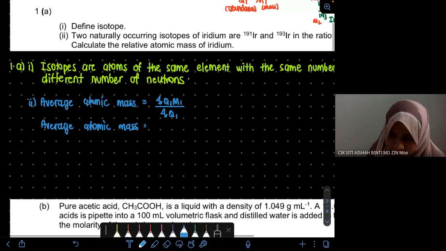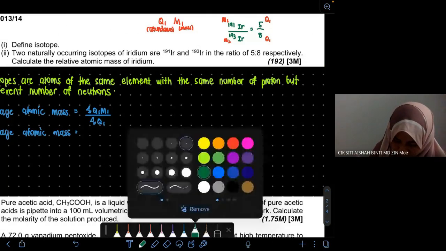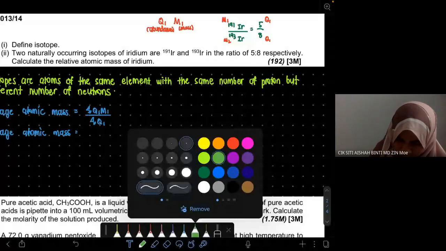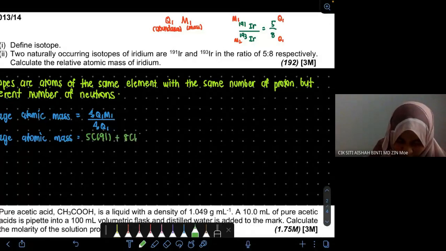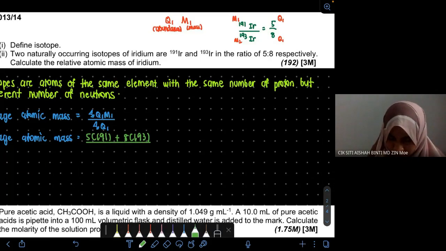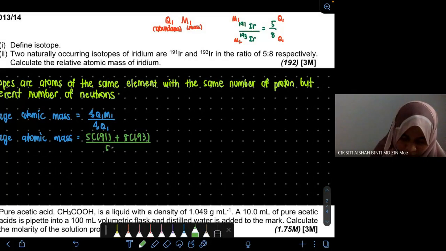So the first Q is 5. It's fine to swap them around. So this first Q is 5, with 191, plus 8 with 193, divided by the sum of Q, 5 plus 8.